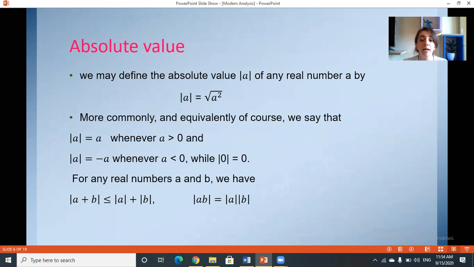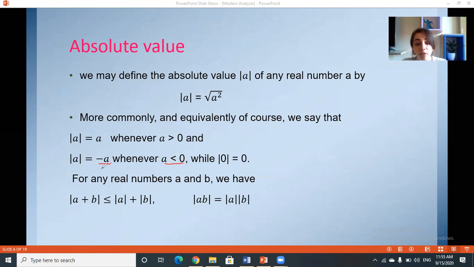More commonly and equivalently, of course, we say that the modulus of A is equal to A whenever A is a positive number, and if A is a negative number, the modulus of A is equal to negative A, okay? Here, if A is less than 0, A is negative, the answer is minus A.